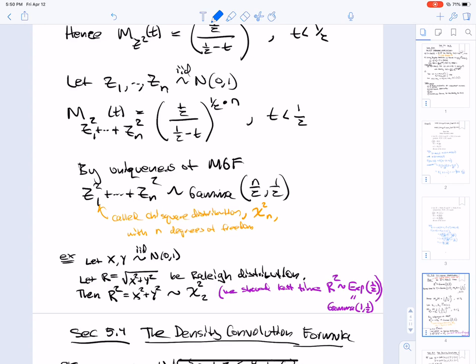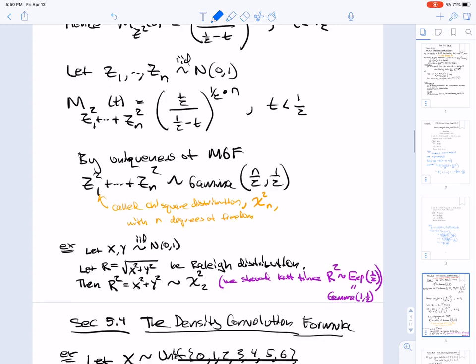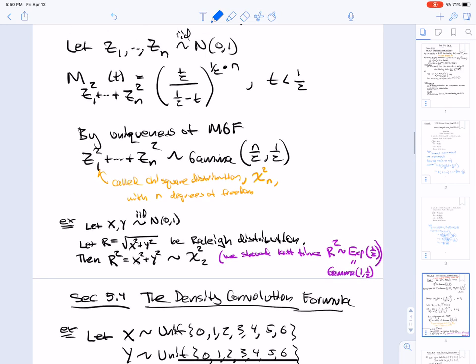The sum of squares of independent standard normals is called the chi-square distribution with n degrees of freedom. So, for example, if we only have 2 independent standard normals, we showed that the sum of squares is a Rayleigh squared, and we also showed that a Rayleigh squared is gamma 1, 1/2.